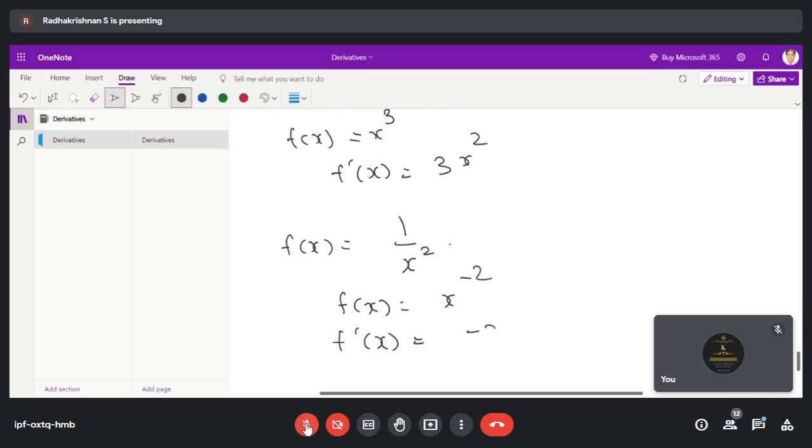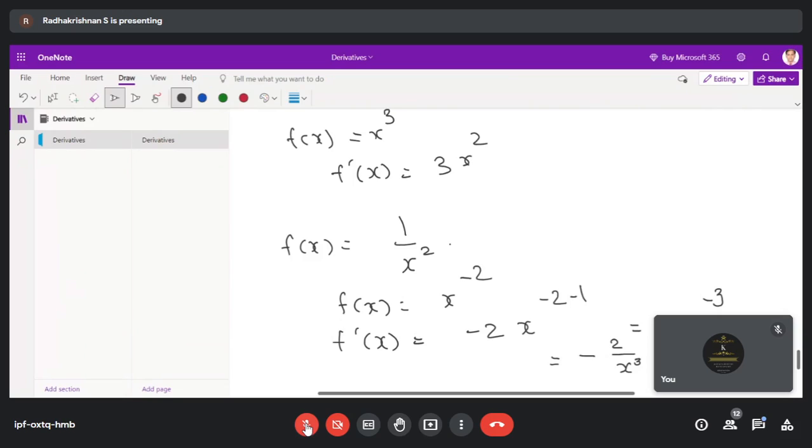It is minus 2 into x power n minus 1, that is minus 2 minus 1, so minus 2 into x power minus 3, or you can write it as minus 2 by x cube. Any doubt in this? No, sir.